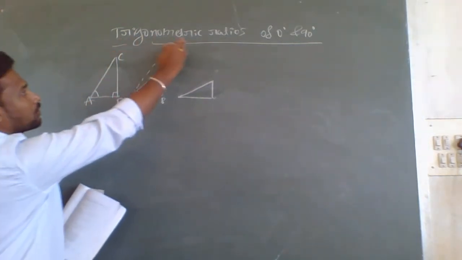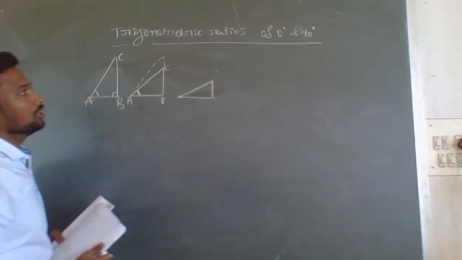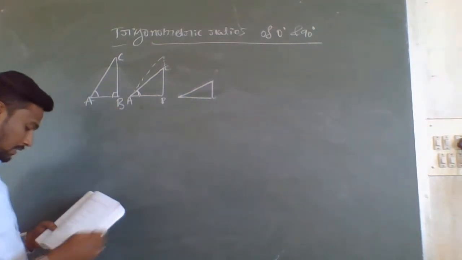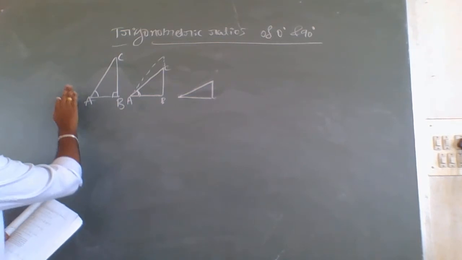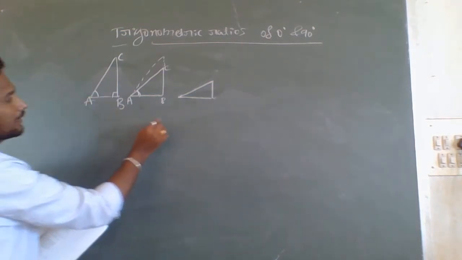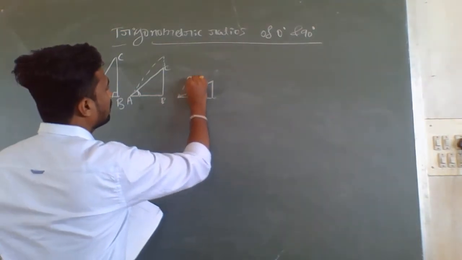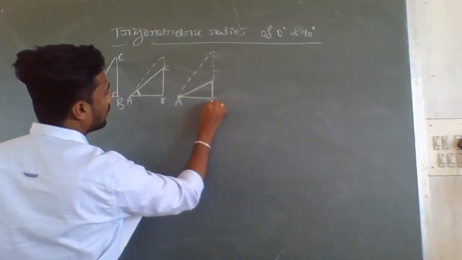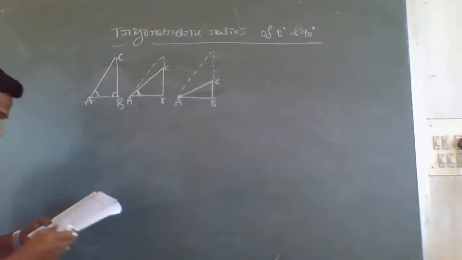We are checking trigonometric ratios with 0 degree. So we are making this angle A 0 degree. Therefore, we are reducing this angle A. This is point A, B and C.